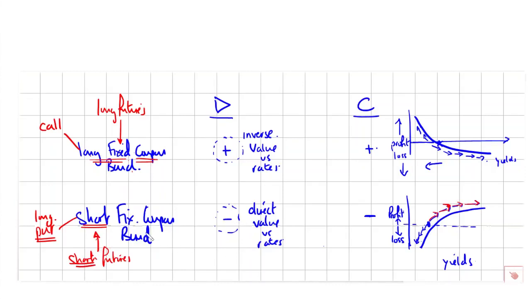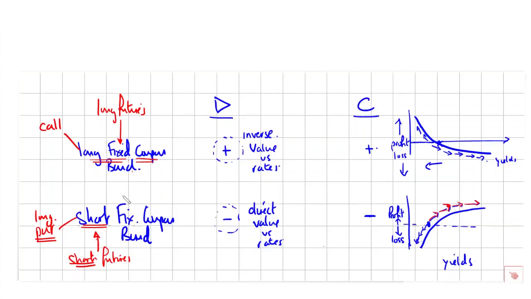Now, the other type of option that I want to talk about here, and the slides will summarize all of this, but I want to take a big picture on it, is a swaption. With a swaption, as we already know, because we've already spoken about them at length, you can have a receiver swaption, which is the right to enter into a receive fixed swap. Or you can have a payer swaption, which, if you hold it, is the right to enter into a payer swap.